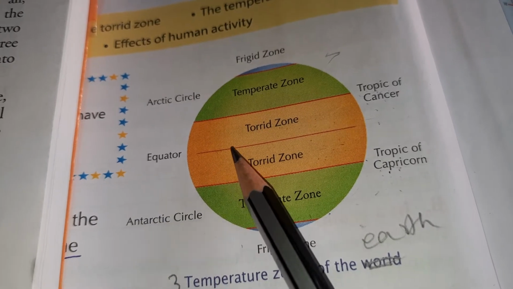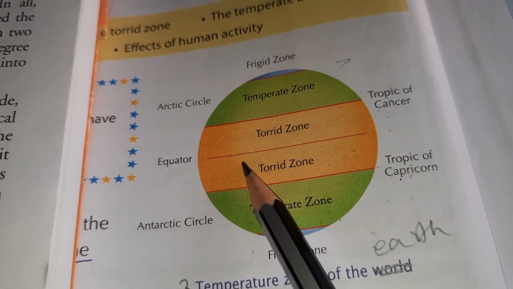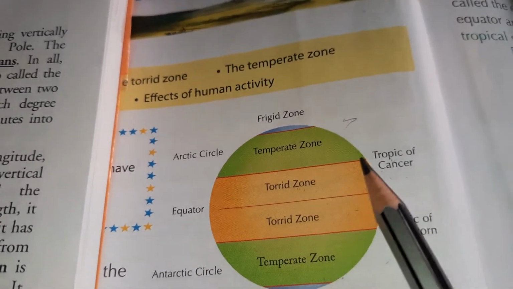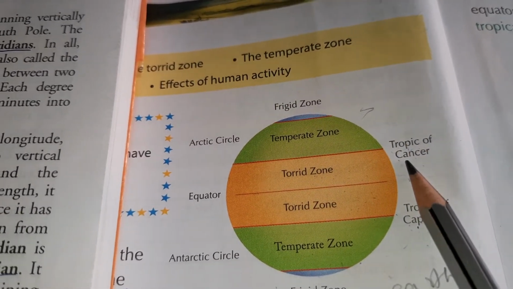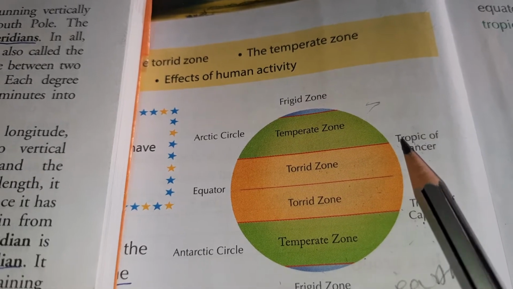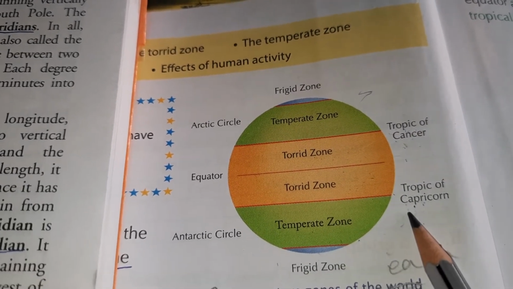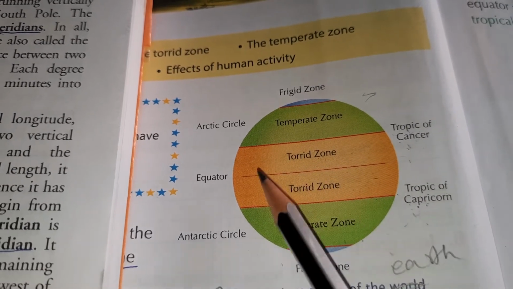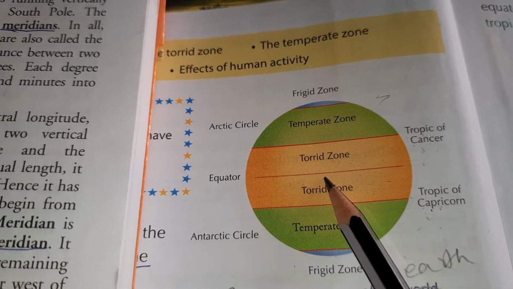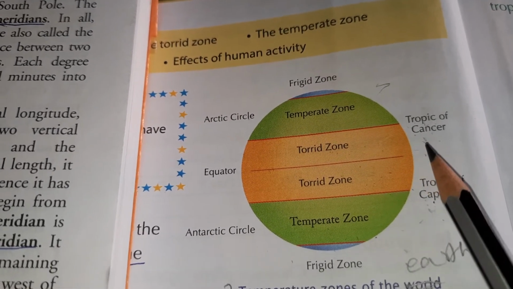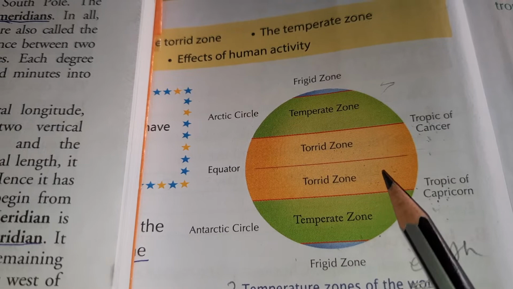It is yellowish in color. So the torrid zone lies between the Tropic of Cancer in the north and Tropic of Capricorn in the south. It is the hottest zone of the world because the sun rays fall vertically in this zone.